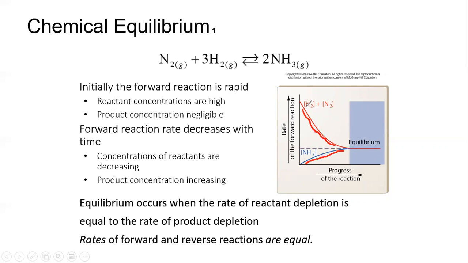Once they're at equilibrium, there's no more change in the concentration of reactants and products. Depending on what the equilibrium constant is, which gauges the equilibrium reaction, it will determine whether it's going to be mostly reactant, mostly product, or a mixture of both at equilibrium.